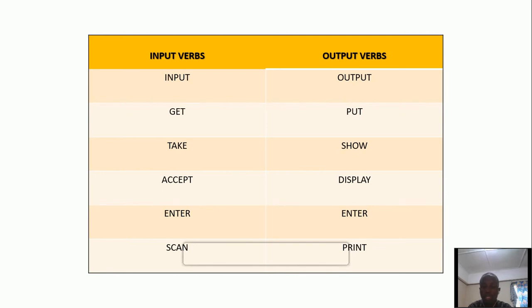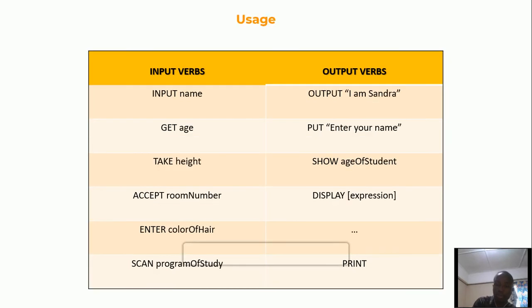So those commands help us to now get names from you. This one is a mistake, right? We don't have enter here and enter here. Enter is only when we are instructing you to give us data. And we have output, we have put, we have show, we have display, and we have print. There are multiple verbs that you can use to take inputs or display results.